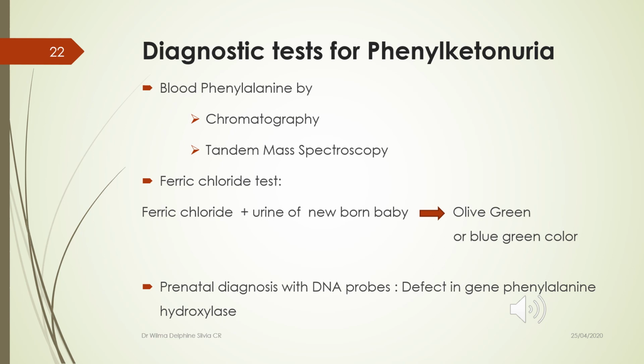Here, a drop of ferric chloride is added to the urine of a newborn baby. If there is a transient appearance of olive green or blue-green color, it indicates the presence of phenylketones in the urine. Then prenatal diagnosis with DNA probes can be done to check for the presence of a phenylalanine hydroxylase defect.